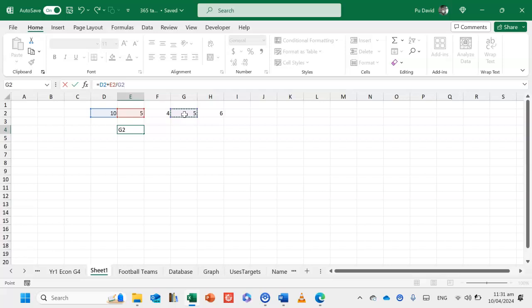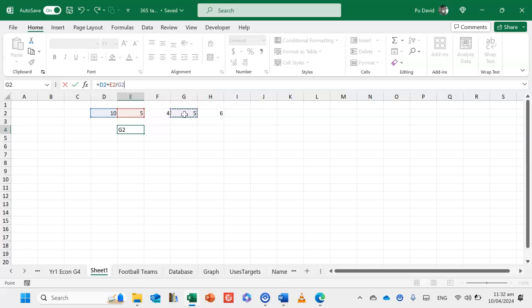Or is it going to do the division first and say E2 is 5 divided by G2 is 5, so 5 divided by 5 is 1, plus D2 is 10, so the total will be 11. So you can see, depending on which order things are done, you get a different answer.